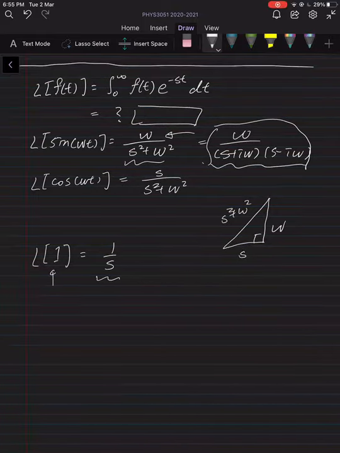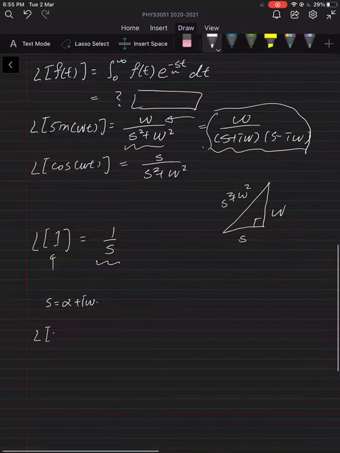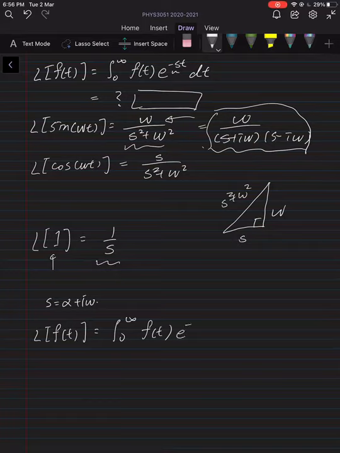Okay, so as I have mentioned at the beginning, actually the s here can be a complex number. So if we write s to be something like alpha plus i omega, then what we have here is something like e to the minus alpha t, e to the minus i omega t.